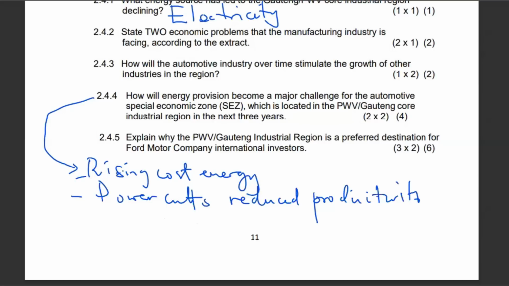And also with that, the other problem that might arise, we can look at aspects like an unreliable power network.